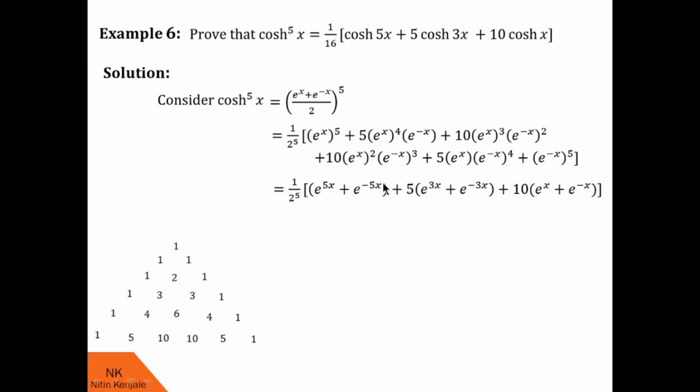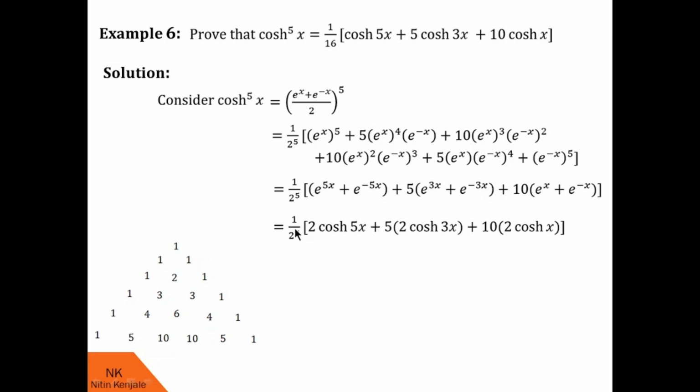Further, this expression e raised to 5x plus e raised to minus 5x can be written as 2 times cosh 5x, because cosh 5x exponential form is e raised to 5x plus e raised to minus 5x upon 2. Similarly, this expression can be replaced by 2 times cosh 3x, and this can be replaced by 2 cosh x.